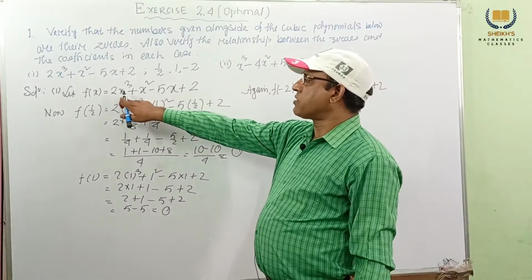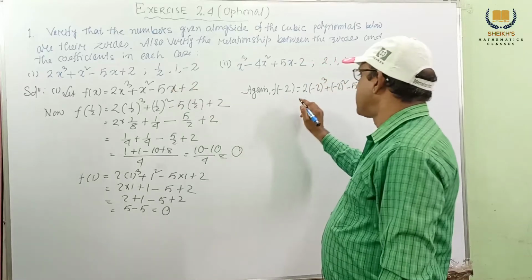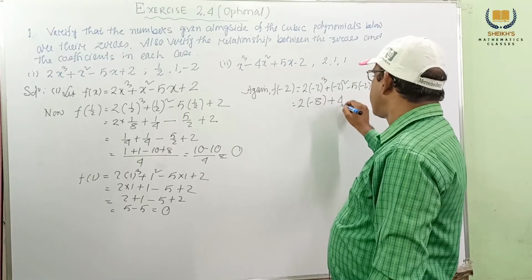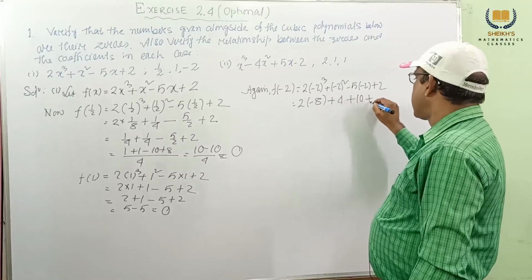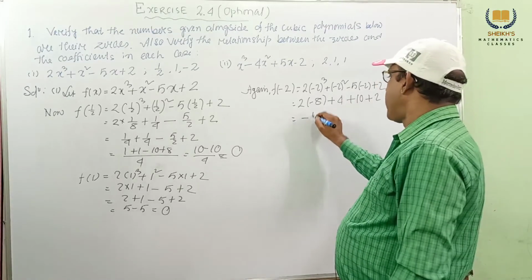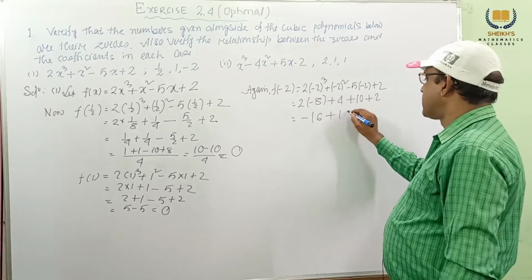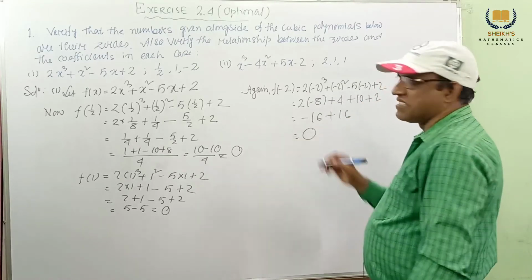Just putting x equal to minus 2, this is 2 into minus 8 plus 4 plus 10 plus 2. Minus 16 and 10, 14, 15, 16, so the result is 0.